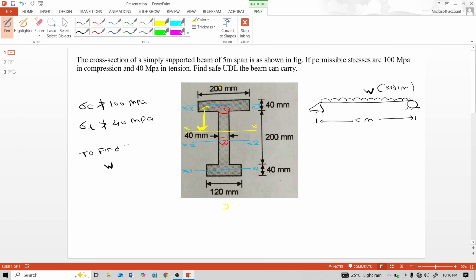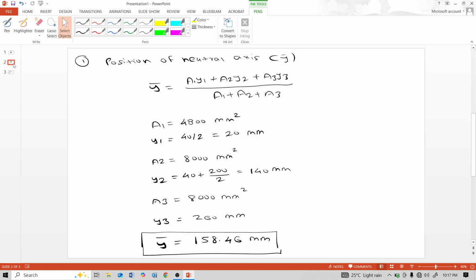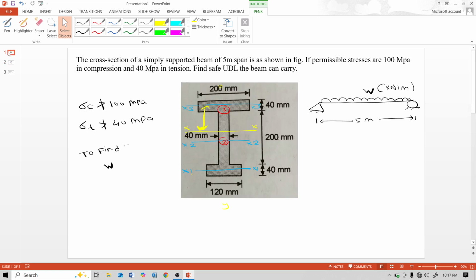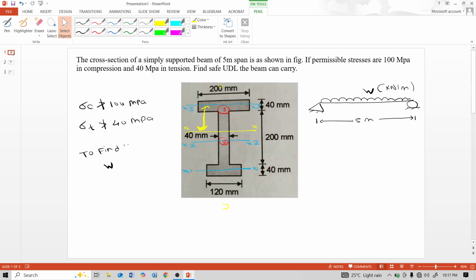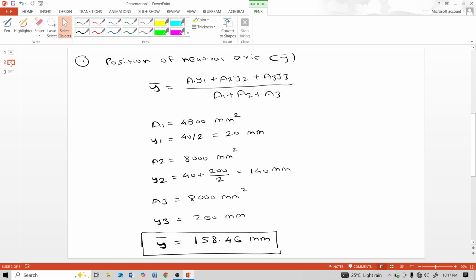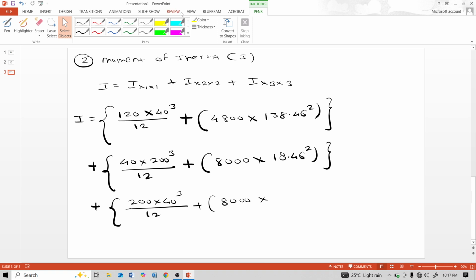This x3 axis is at a distance from the bottom fiber of 260 minus x2 axis, 260 minus 158.46, is 101.54 mm square.